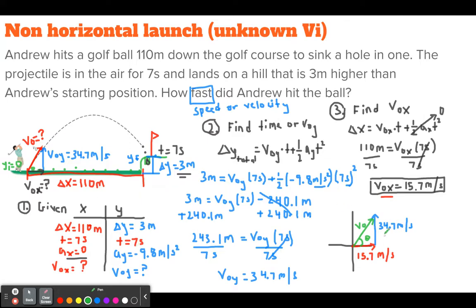Okay, so if we have two sides of a right triangle and we're looking for the hypotenuse, we use Pythagorean theorem, right? And we have those shortcut equations that helped us find the hypotenuse using the x and the y coordinates. So here's the x component of that initial velocity, which we called r sub x.